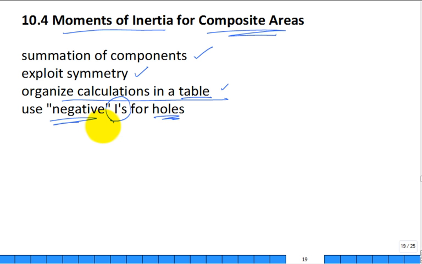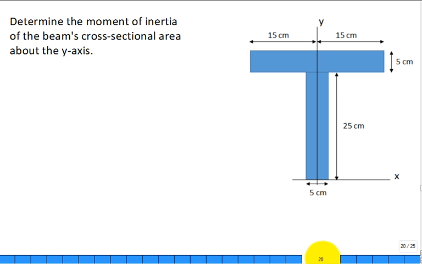Let's solve some problems. Here is a beam, a simple T-beam or cross-section of it. And we want to calculate the moment of inertia of that cross-sectional area about the y-axis. So here's our y-axis. Are we interested in calculating I sub x or I sub y? What are they asking us to calculate, Ix or Iy?